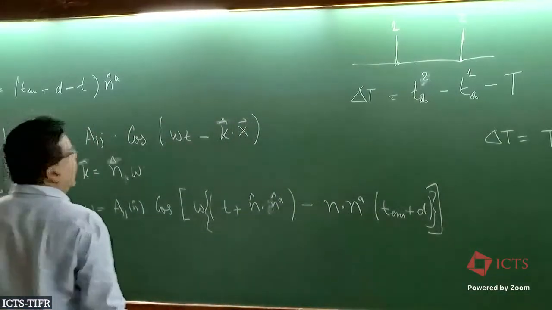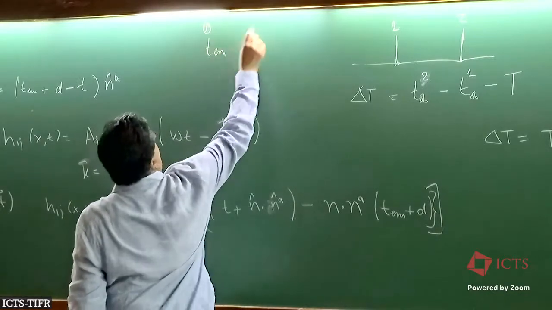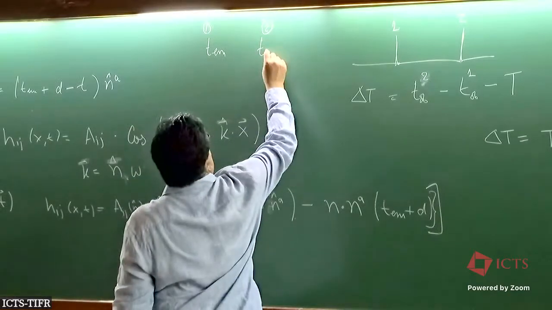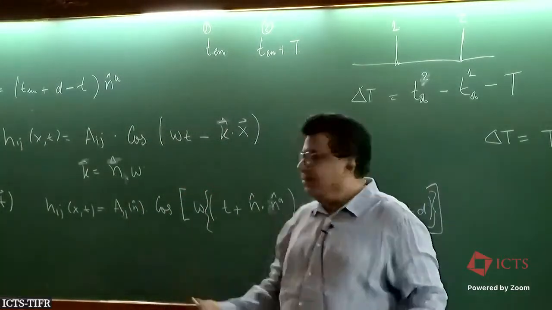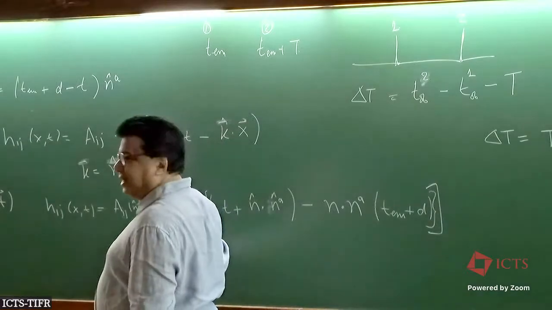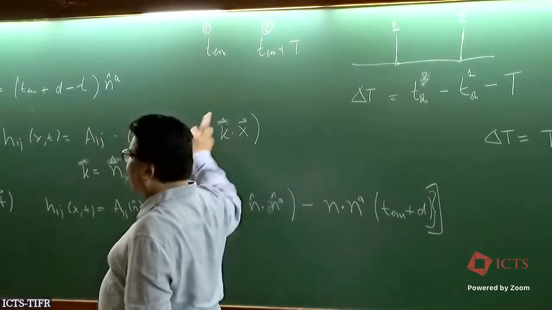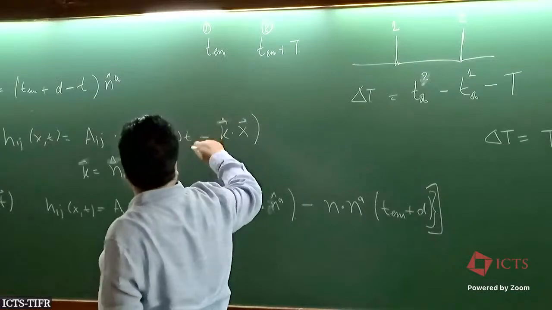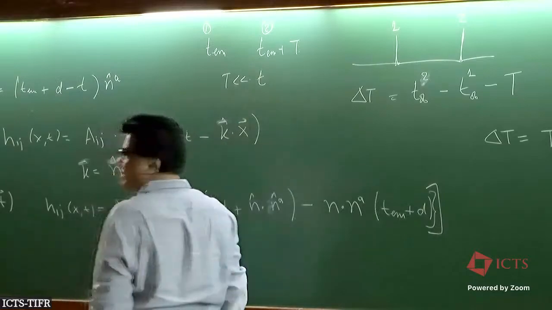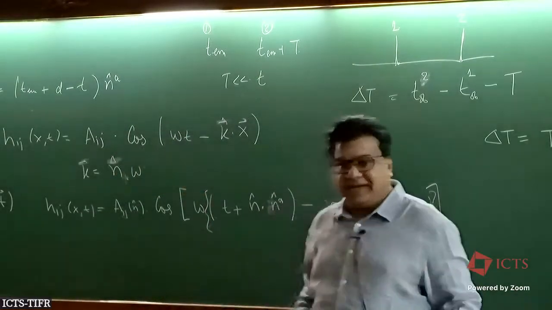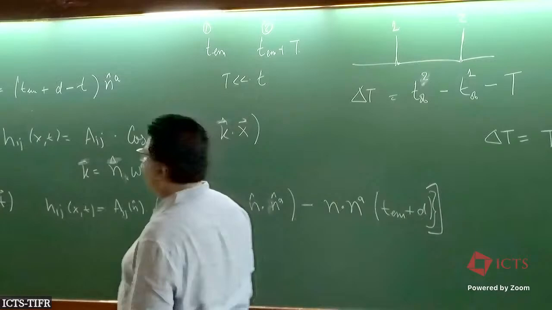So basically we are looking at the arrival time. The emission time of the first peak is t emission, and the second peak is t emission plus T. And we want to compute this observation time from this formula for two different emission times, one at t and one at t plus capital T. Remember this T is very small compared to any of these time series. T is a millisecond and your observation time is like 10 years. Then you can do a Taylor expansion of this.